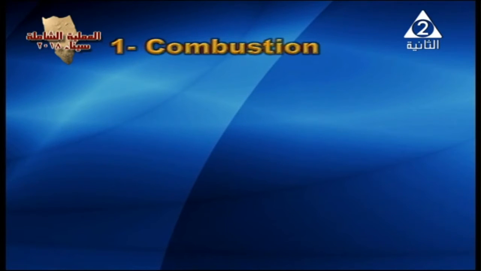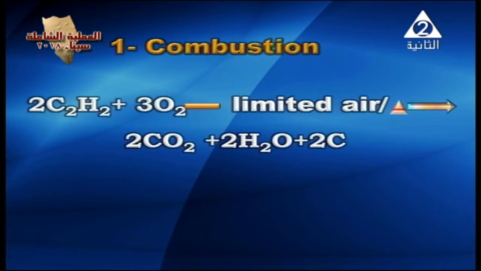Now we are going to discuss the combustion of acetylene gas. On combustion in limited air, the acetylene molecule reacts with a limited amount of oxygen. As the equation shows on the screen, 2C2H2 plus 3O2 gives carbon dioxide, water and carbon.